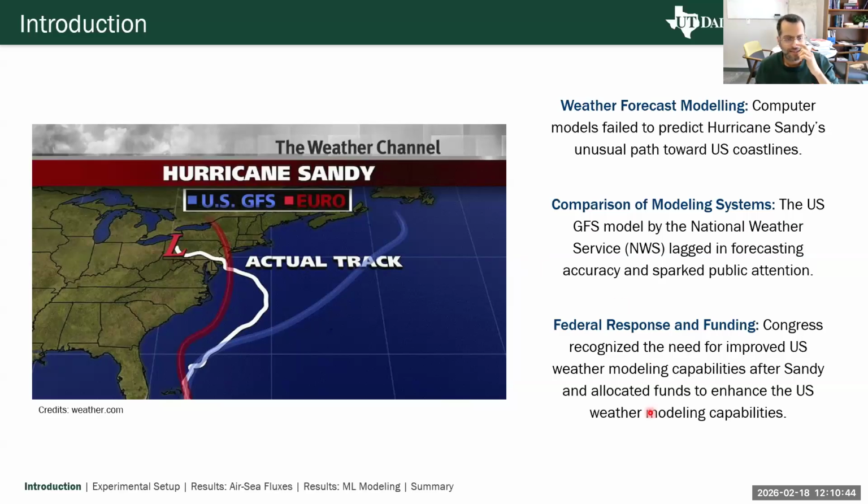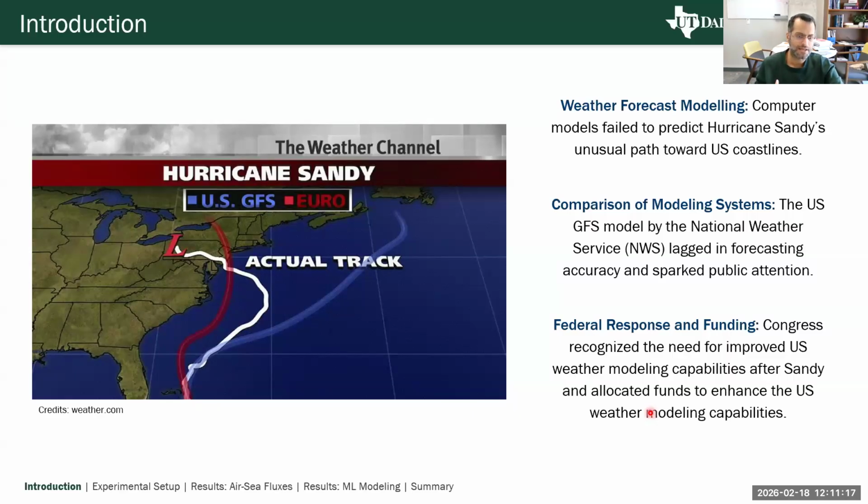In Hurricane Sandy, the lack of accurate predictions cost more than $80 billion in damage and, unfortunately, the lives of 159 people. After Hurricane Sandy, there was major attention on improving U.S. forecasting capabilities and model accuracy. A lot of work went into improving these predictions, and a key point is that improving these models is not just about having a better or faster computer.